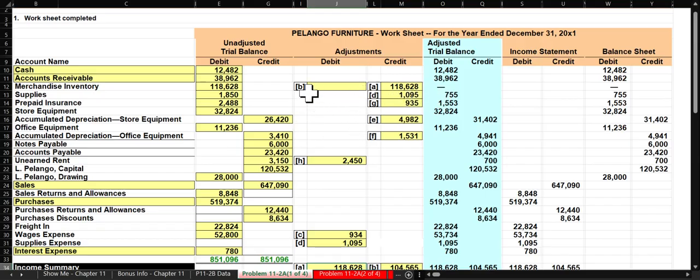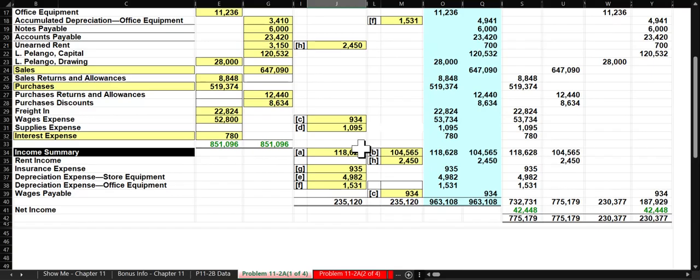So then we have to record the current ending inventory. And so we would debit that amount to the inventory account. So notice now that the adjusted trial balance is showing the new ending balance for inventory. So I would debit inventory, and my credit would be to the income summary account.